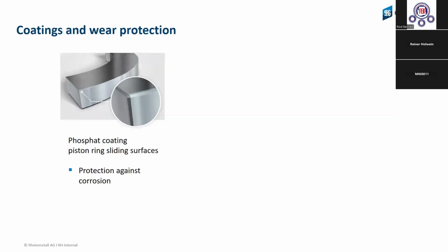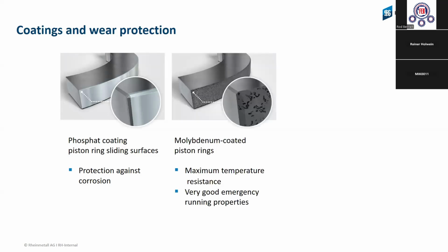The coating and the wear protection. You see, we can also have different surfaces on the outside of the ring. The coating can be a phosphate coating, which is good for corrosion, or maybe we have a molybdenum coated ring.